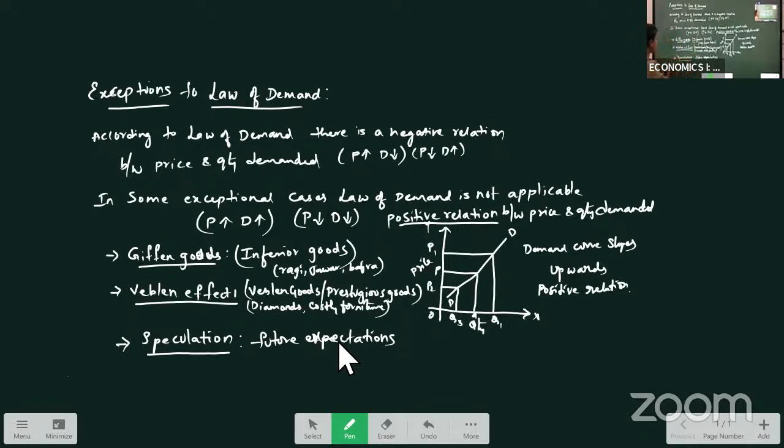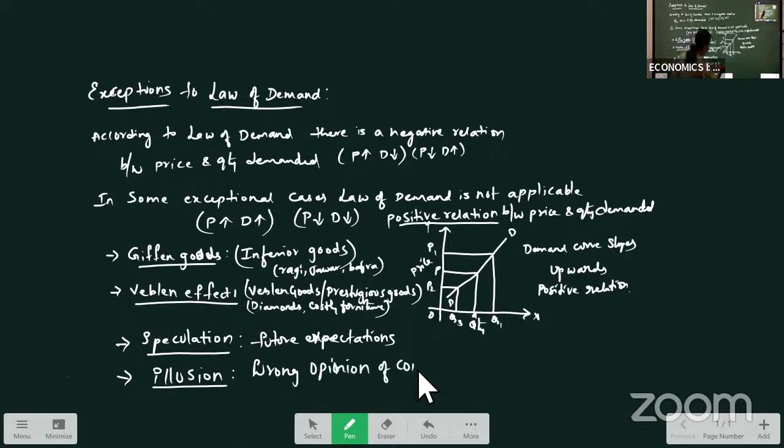Okay. The next one is illusion. Illusion means what? It is the wrong opinion of consumers that the higher the price, the better the quality; the lower the price, the lower the quality.